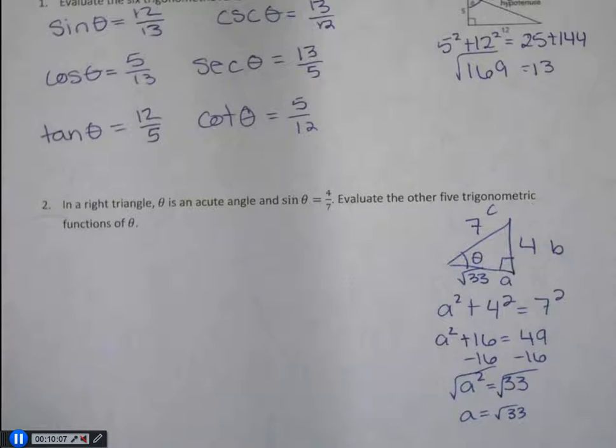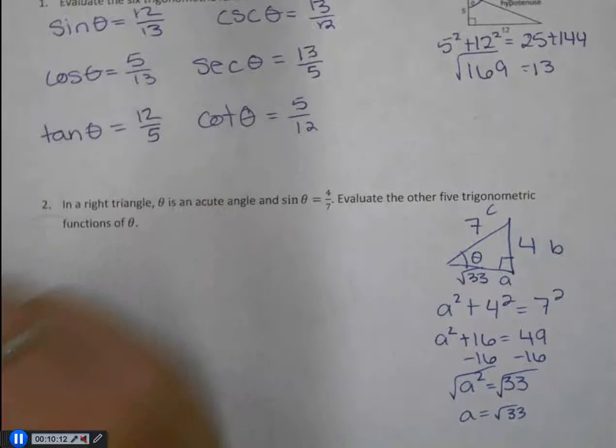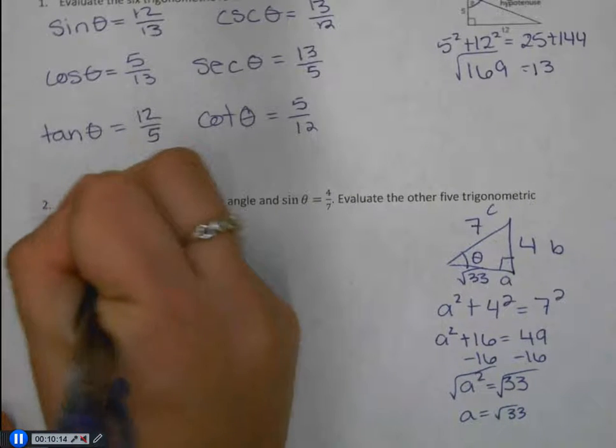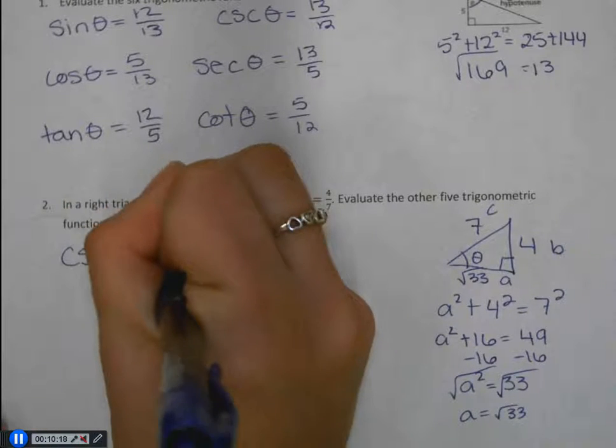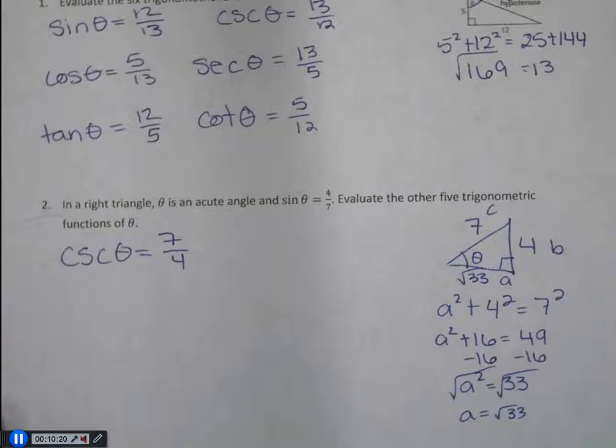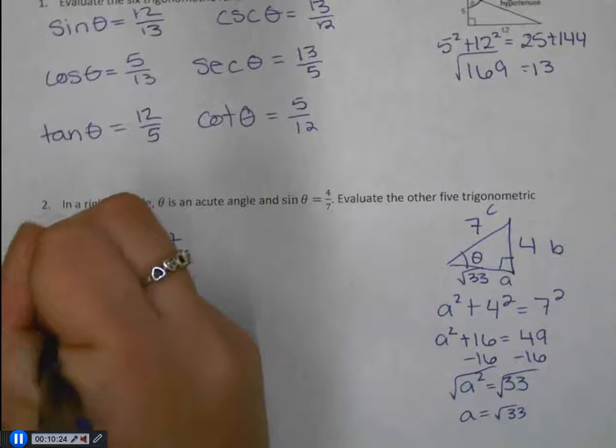Okay? So it wants me to find the other 5 given sine. So the opposite of sine, remember, is cosecant. So I just take that fraction that was given to me and switch it, which is going to be 7 over 4. Then I have cosine.